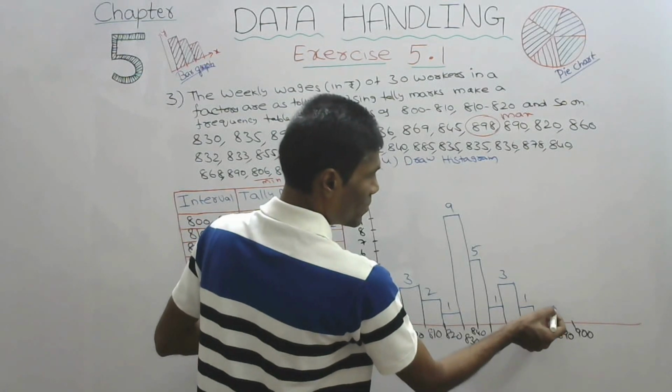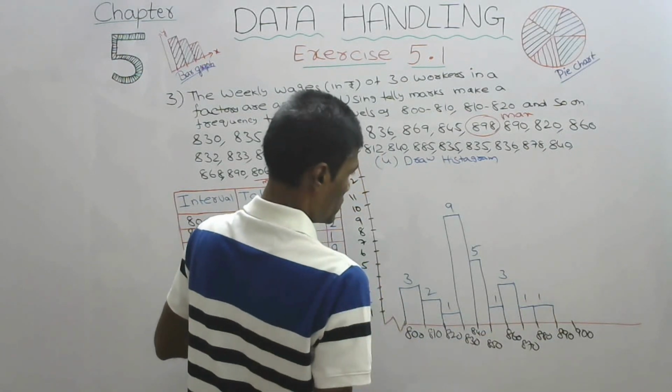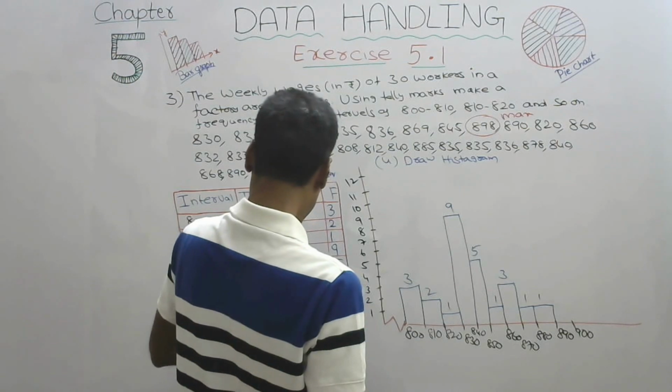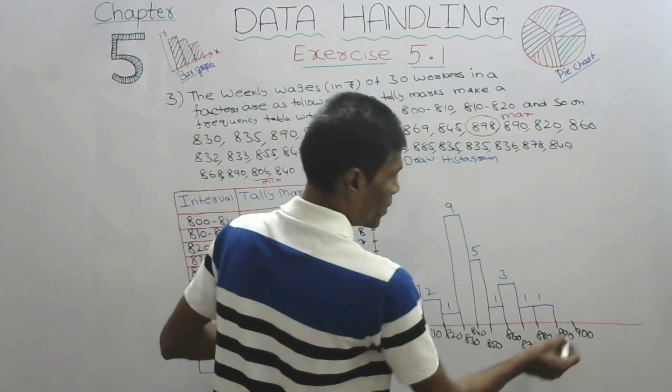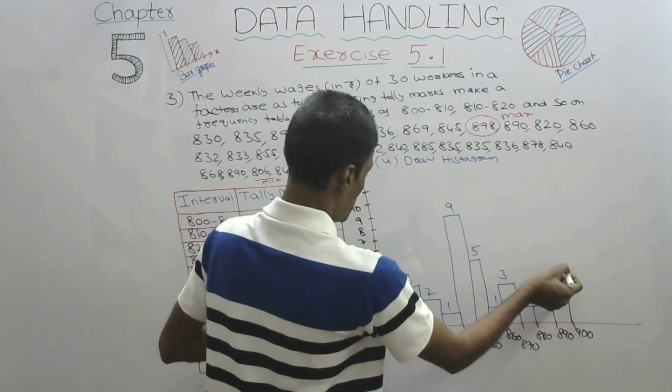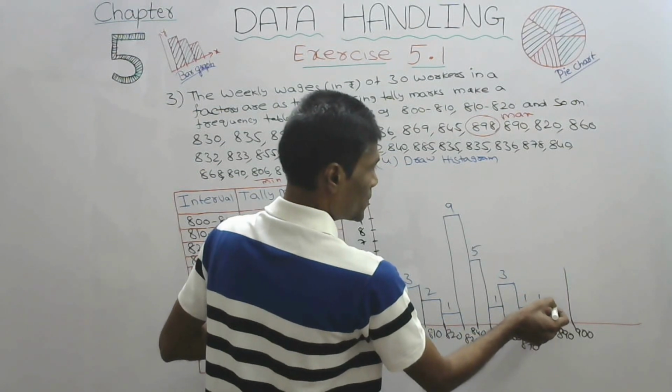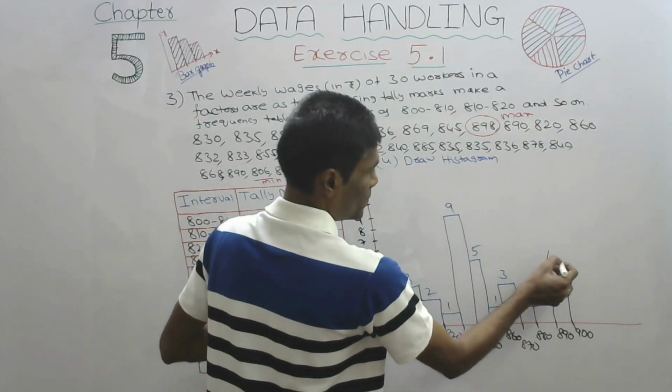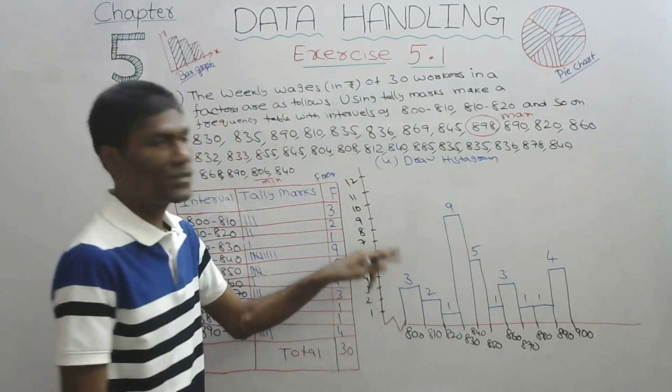Again 1. 890 to 900, 4. This is the histogram.